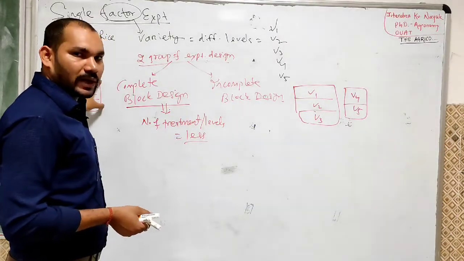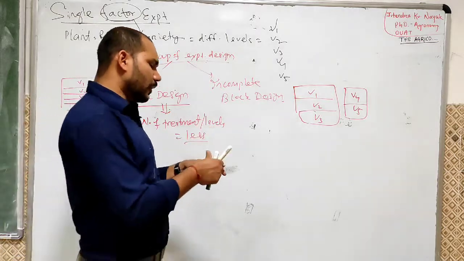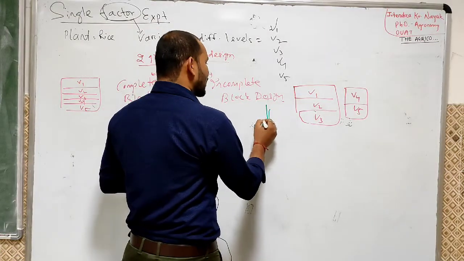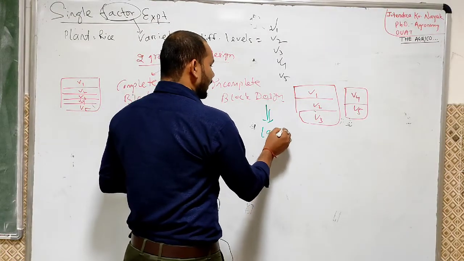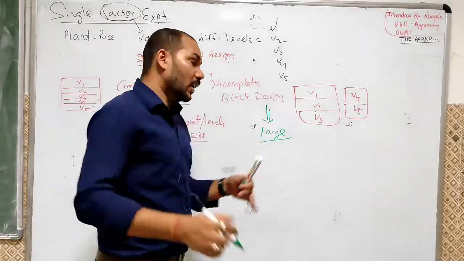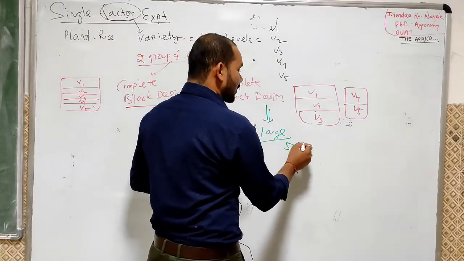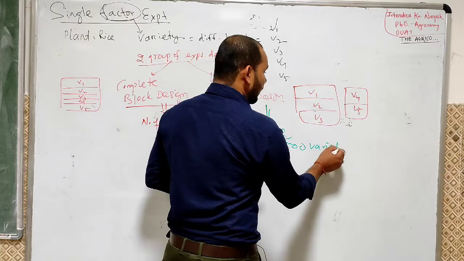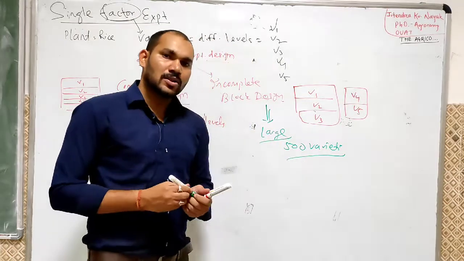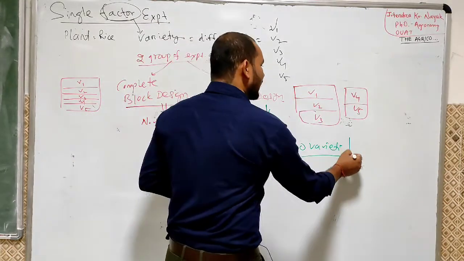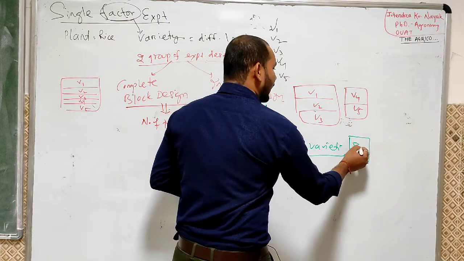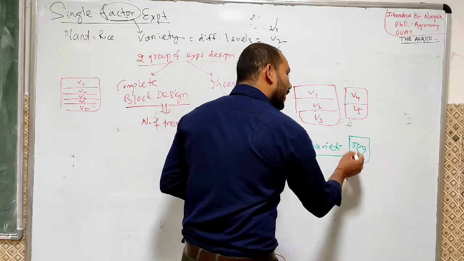But if the number of treatments is very large, let us take 500 varieties, then within a block these 500 varieties cannot be accommodated.